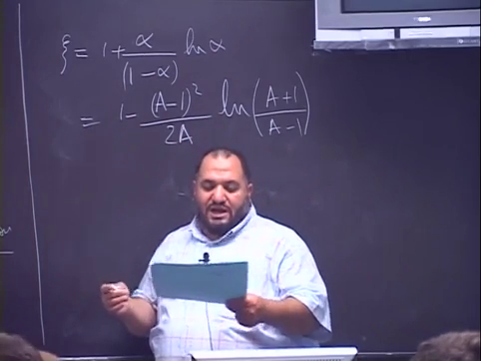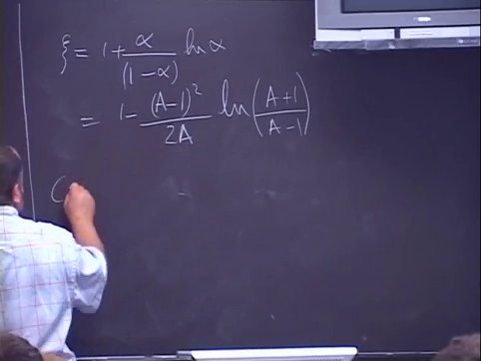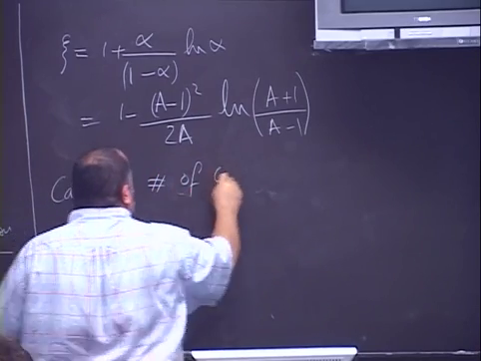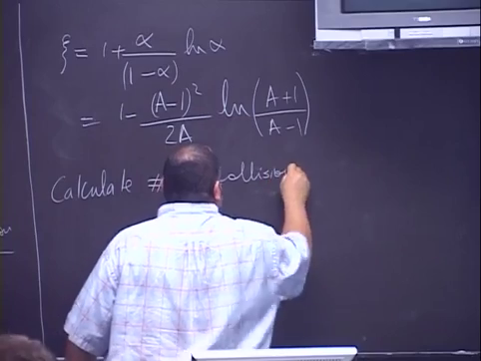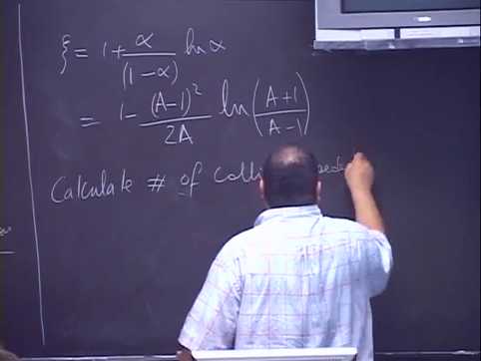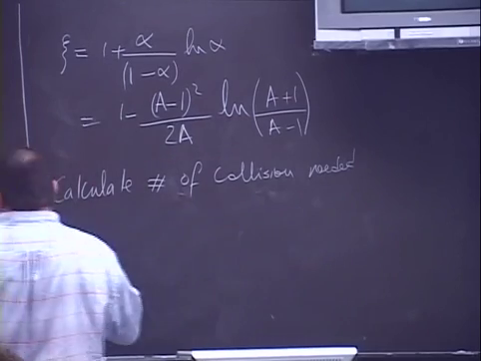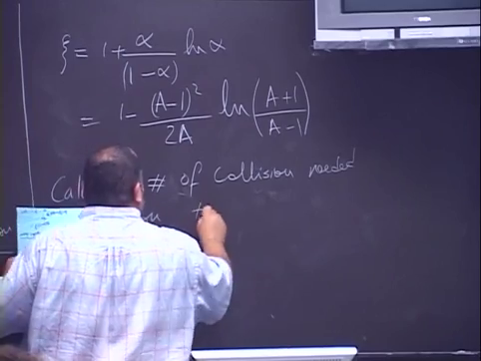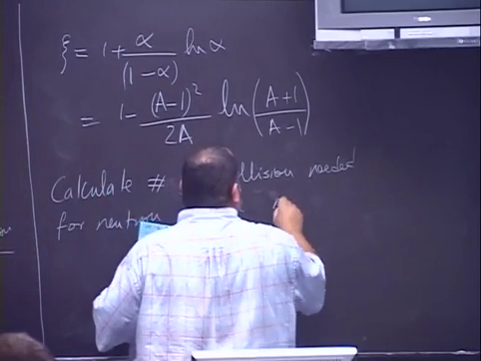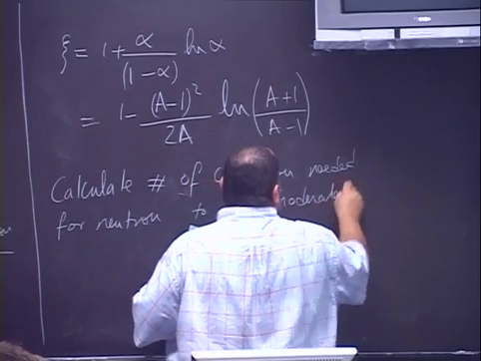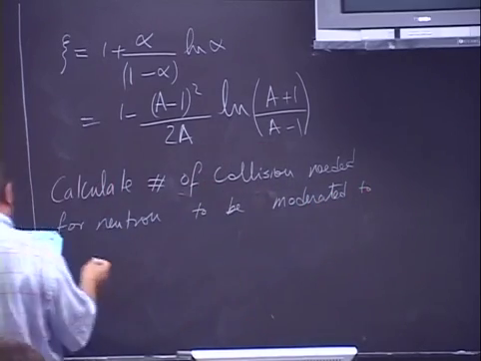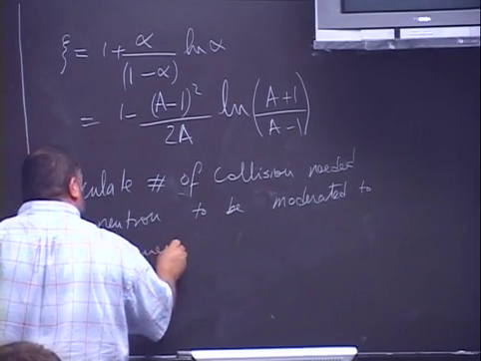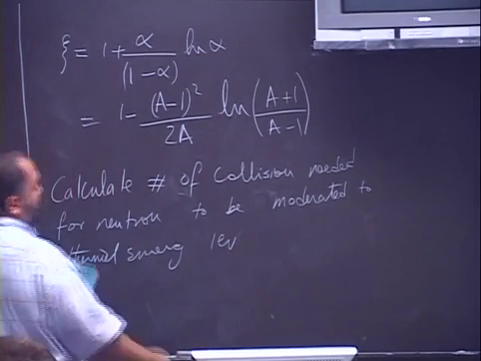This is a very useful formula. Why? Because I can calculate the number of collisions needed or required for a neutron to be moderated to thermal energy, let's say 1 electron volt thermal energy.